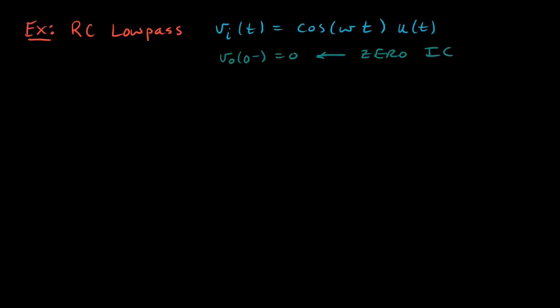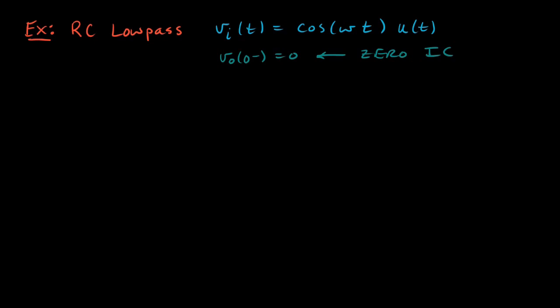Okay, so the next situation we want to look at is, again, our RC low-pass filter, but this time the input is going to be cosine of omega t times u of t, and I'm going to have 0 initial conditions. So we've already worked the problem many times with the RC low-pass filter responding to a cosine wave, a sinusoidal input.